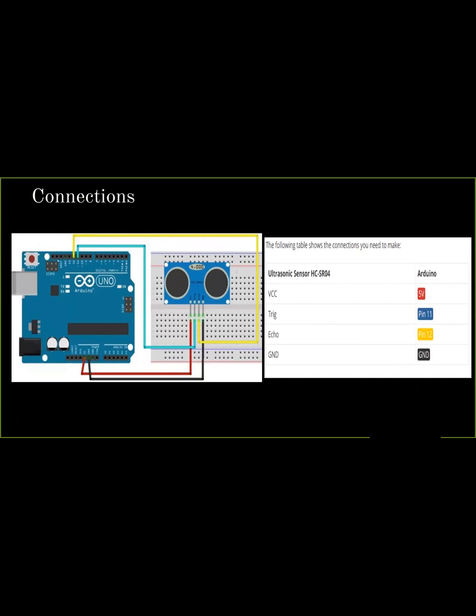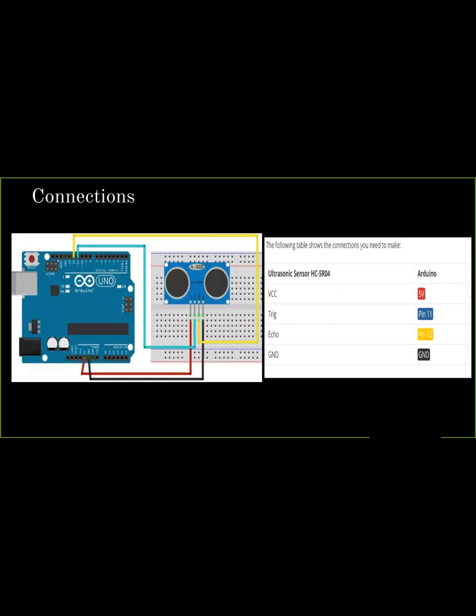Okay, so these are the connections that you will have to make. But let's get back to the connections part later. Let's try to understand what the sensor has to offer us, what the mechanism of the sensor is, how it is working, and how it is useful for us.